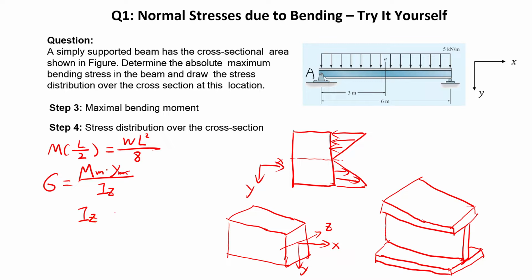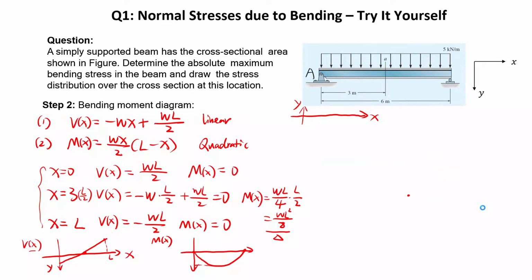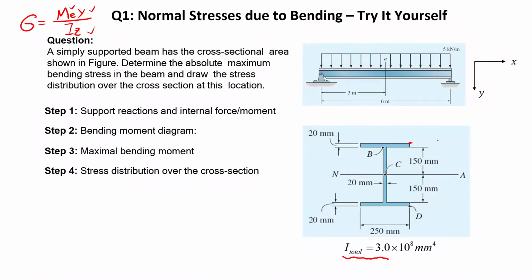So you simply substitute y, which should be the maximum distance from the I-beam's neutral axis to the edge. If you go back to the question, it should have y max, which is 150 plus 20, that's 170 millimeters.